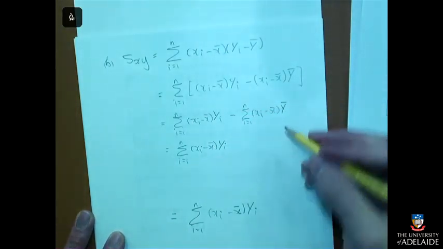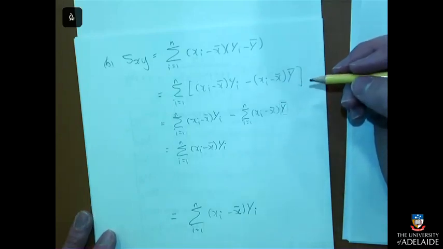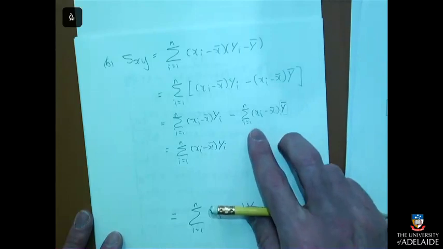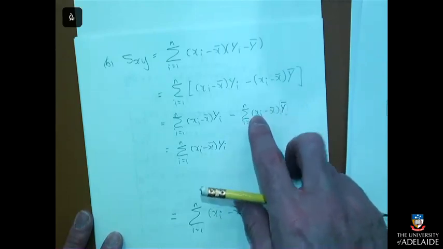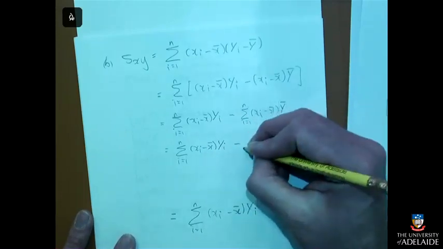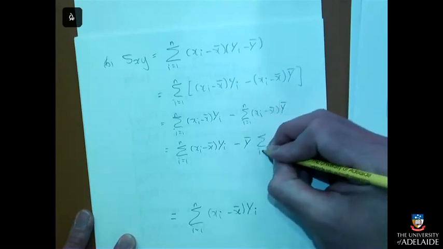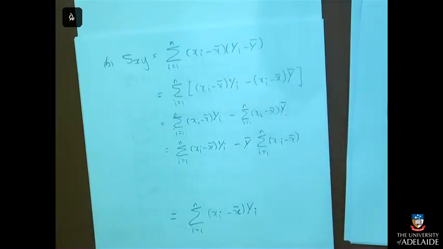Okay, well, that y bar doesn't involve an i, and so it's the same in this sum. This y bar is the same for every i. So it's essentially the same as multiplying a whole lot of things added together with a y bar, which means I can factorize it out, like that. Since it doesn't involve an i, it counts as a constant for this summation, as opposed to counting as a constant in terms of random variables, which it isn't.